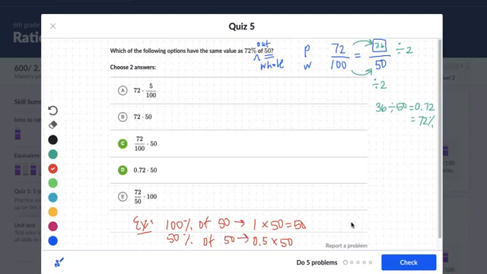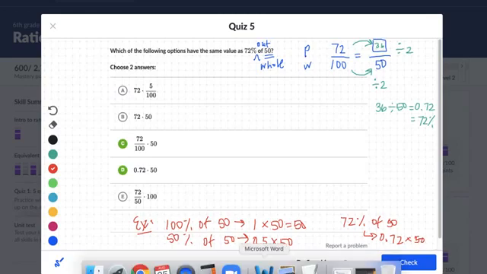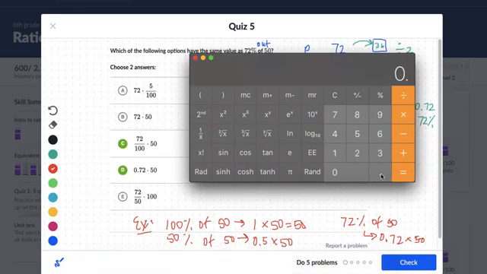So if they were asking me 72% of 50, I would change 72% into a decimal, 0.72 times 50. So let's see if that works. 0.72 times 50. That also gives us 36, okay?